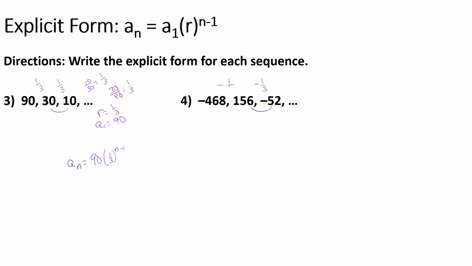And that also gives us 1/3. So our common ratio is equal to negative 1/3. Our first term is equal to negative 468. And so now we can write the explicit form. A sub n is equal to negative 468 times negative 1/3 to the n minus 1 power.